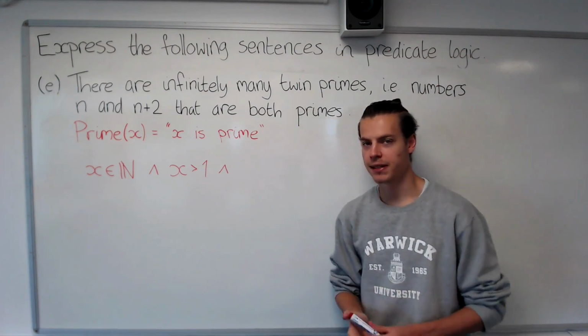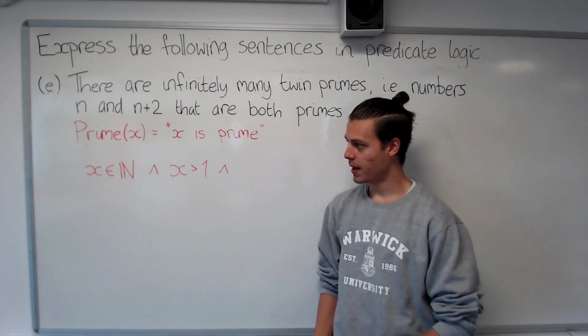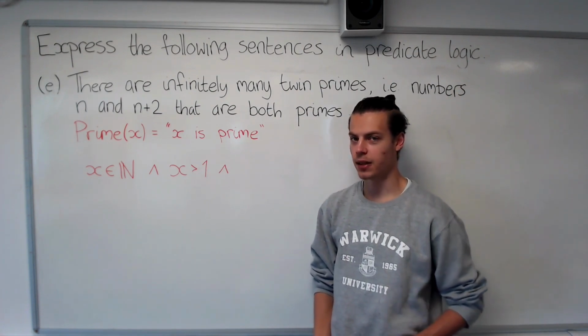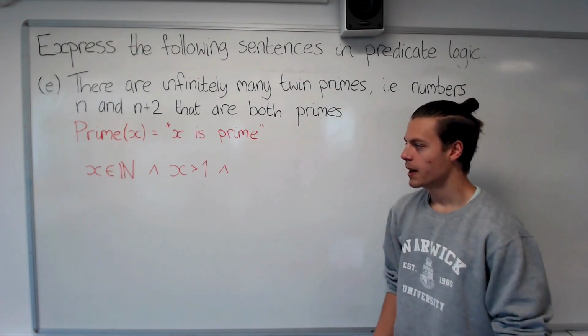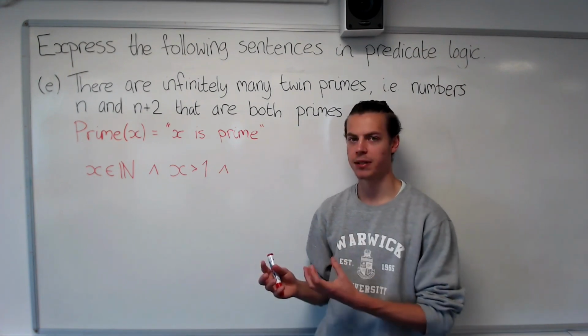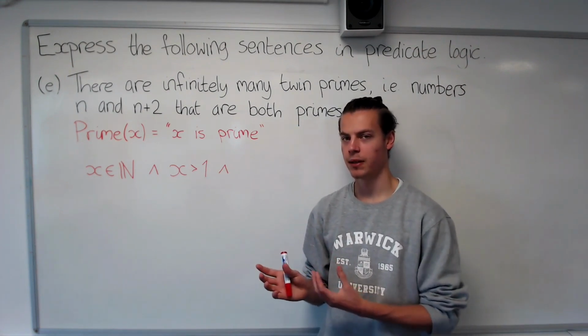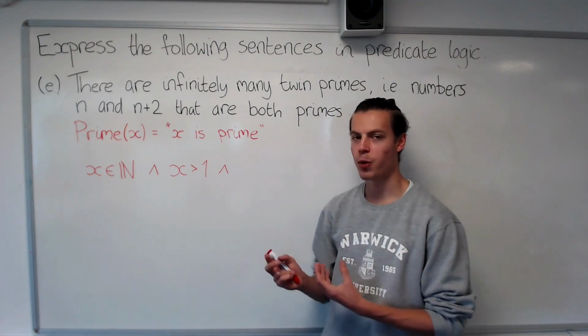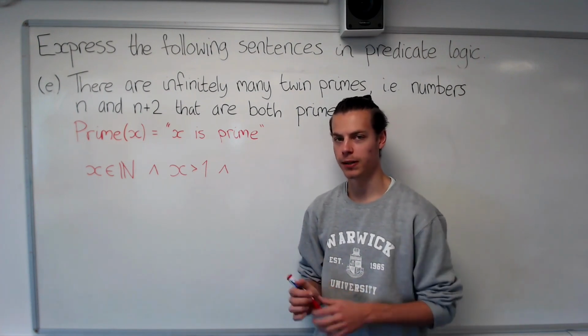We want to express that x's only factors are 1 and itself, right? So if we factorize x as two numbers multiplied, then one of those numbers must be 1.